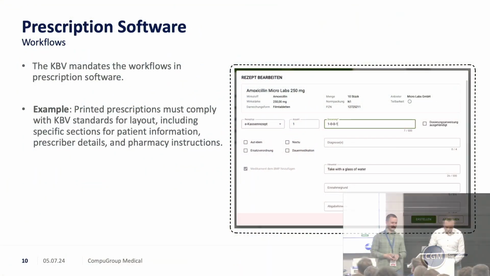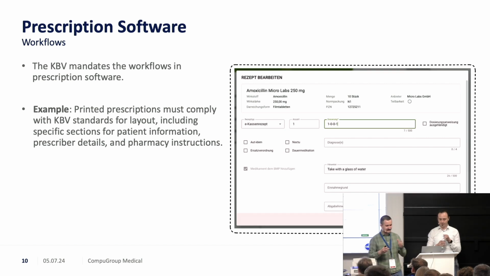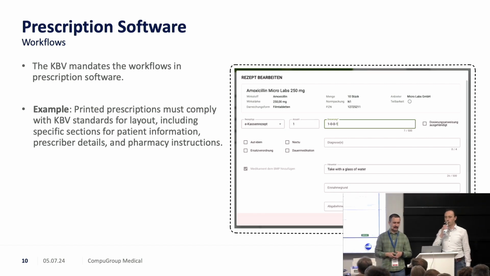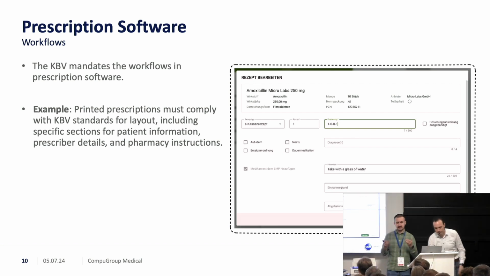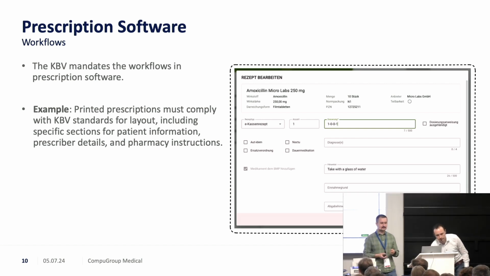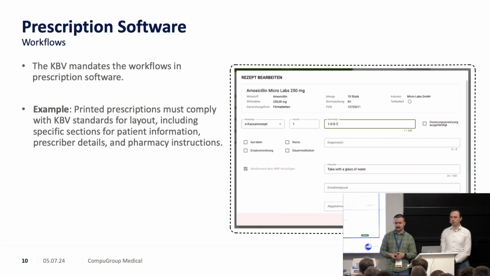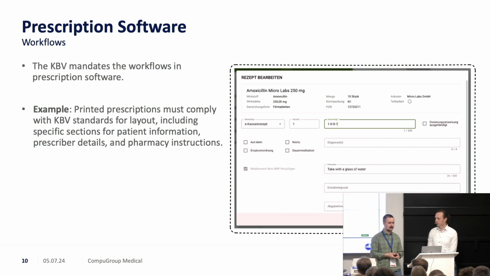All right, so let's talk a little bit about the workflows themselves, right? You guys have seen how we create a prescription, and let's take an example of our prescribe dialog here. So KBV actually tells you that your prescription software should be able to create prescriptions. But what should be on them? You should have a specific area for your patient information, and it should fit a specific standard. The same for your practitioner and pharmacy and so on.